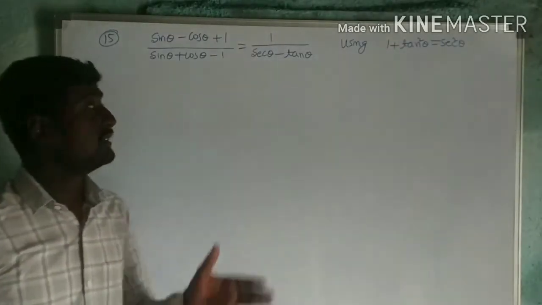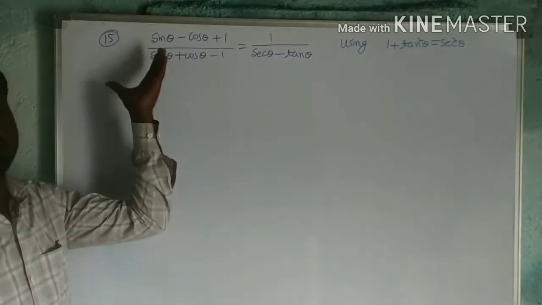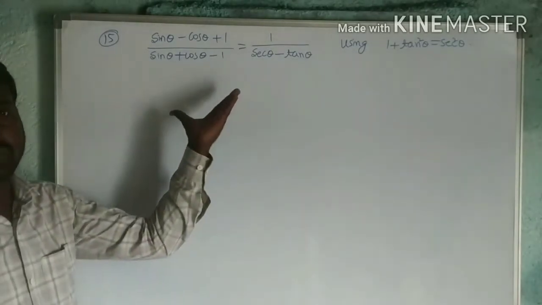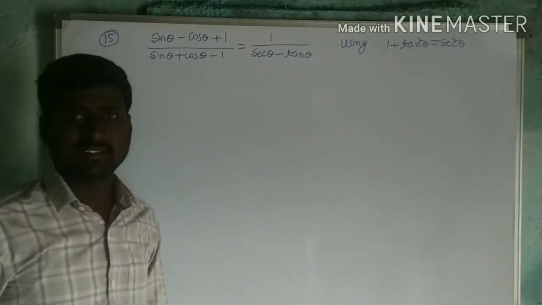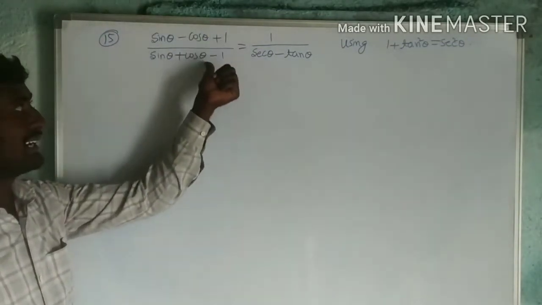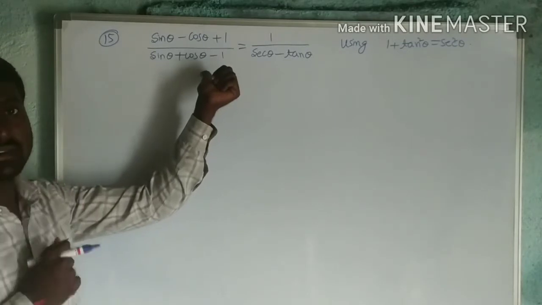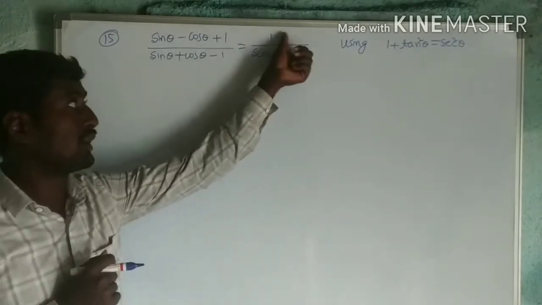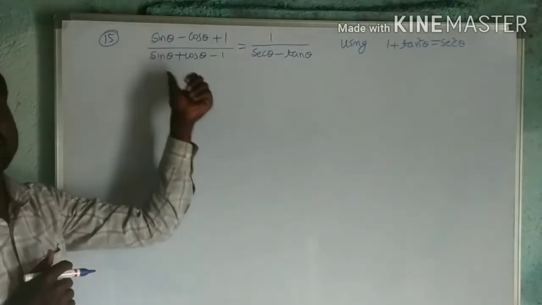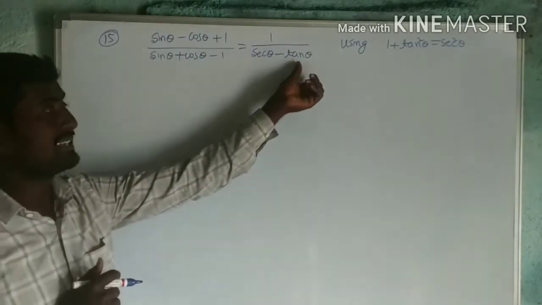Let us solve the last example problem, that is the 15th one. We already solved this type of question in the exercise. There actually we divided both numerator and denominator by sin, because to get in terms of cot was there. In terms of cot, to get a cot I divided by sin. But here tan is there.